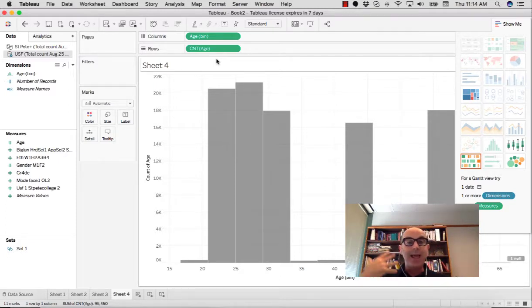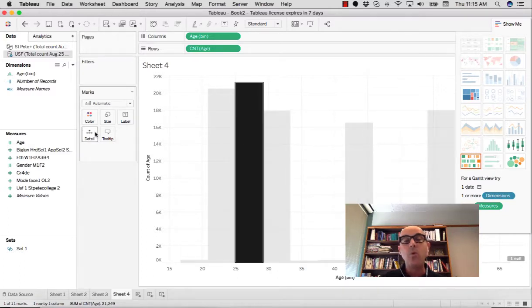One of the things that, again, as I said, Tableau is not my favorite tool, because it always reminds me of Excel. Why is that? Because when I try to highlight one element, it allows us to do that, but it does not allow me to color that differently compared to the others.